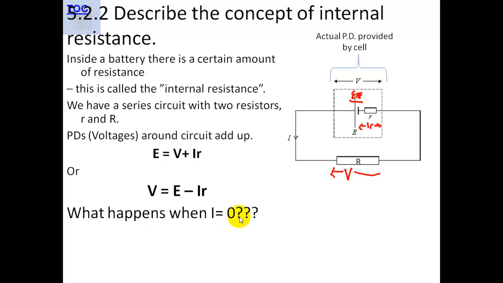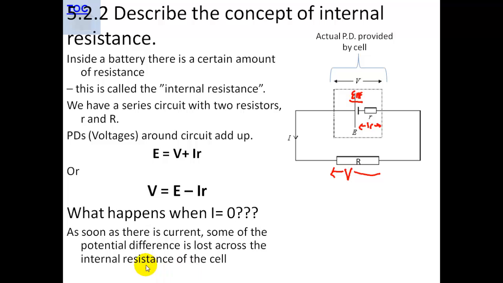Well, we're able to measure the EMF then. As soon as there is a current, some of the potential difference is lost across the internal resistance of the cell. In this case, the current is 0, so when we measure the voltage here, it will be equal to the EMF.